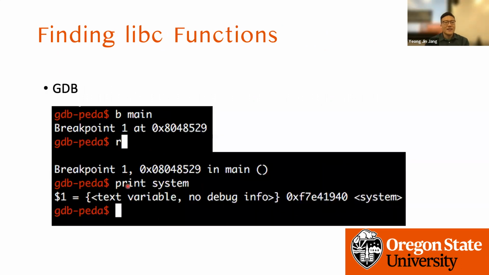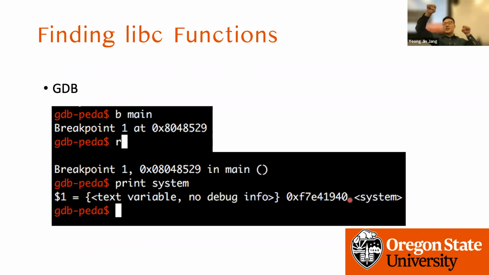But if you set a breakpoint at main and run it, at runtime GDB now knows where libc is loaded, and if you run print system, it will print the address of system.